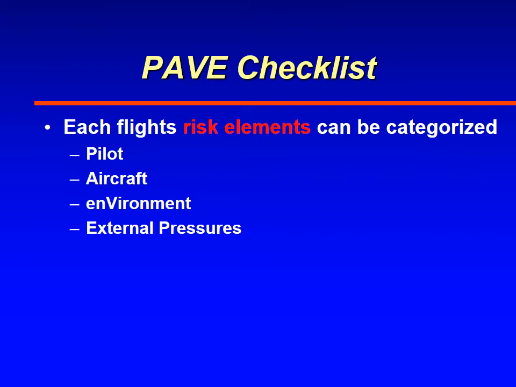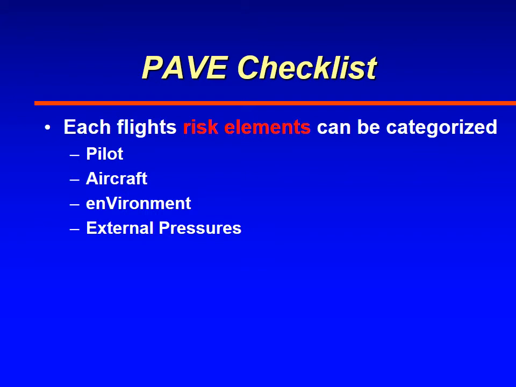And every time you fly, there are risks, and we like to categorize those risks using something called the PAVE checklist. PAVE stands for Pilot, Aircraft, Environment, and External Pressures. So we can categorize the risks into these different elements.